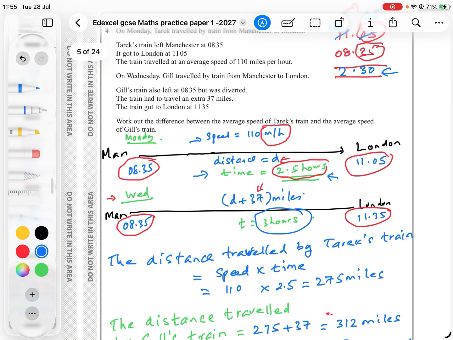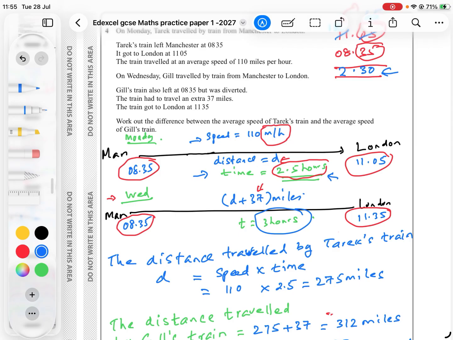So first work out the distance travelled by Tariq's train. The distance D, formula: speed times time.